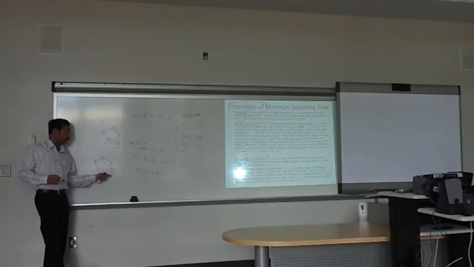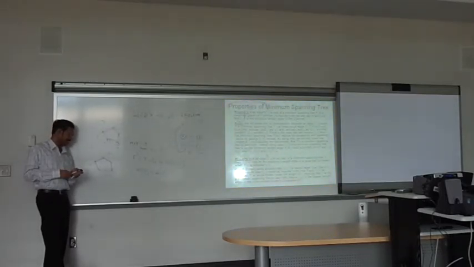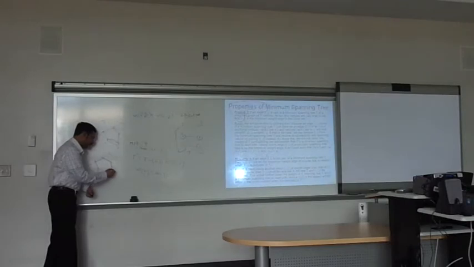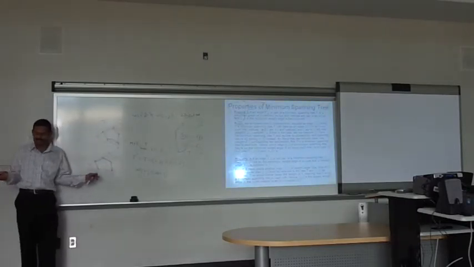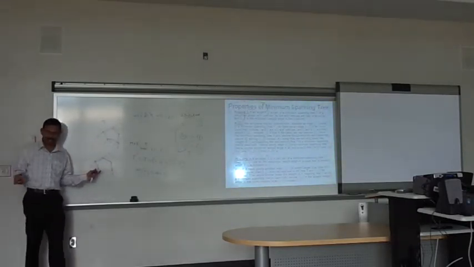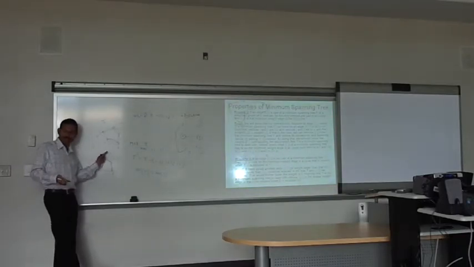So based on what we have seen so far, how can we prove this? If you want to prove that this is the largest weight edge, let's say that this is not the largest weight edge, right?